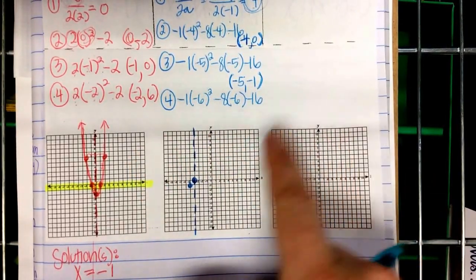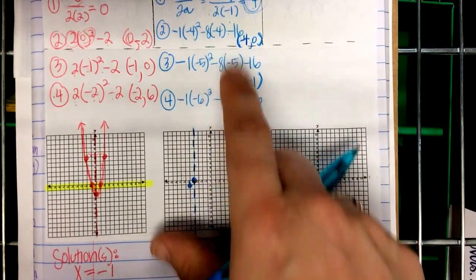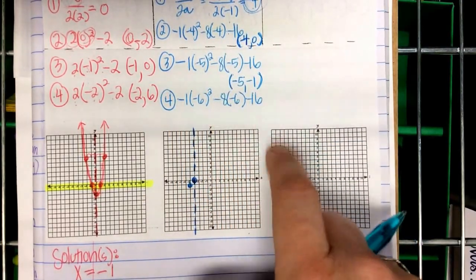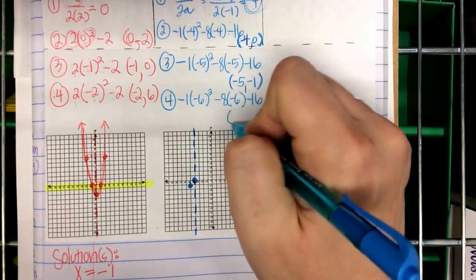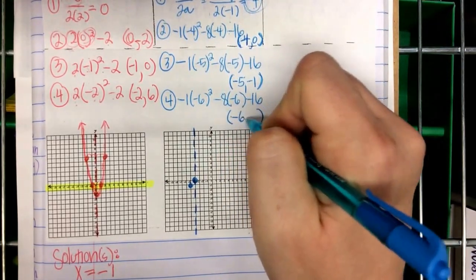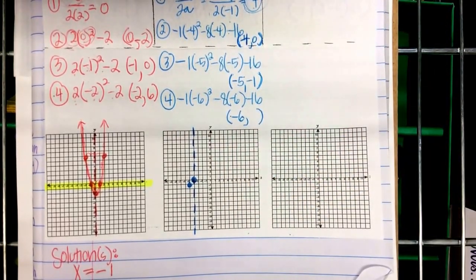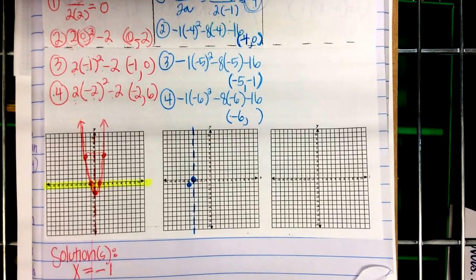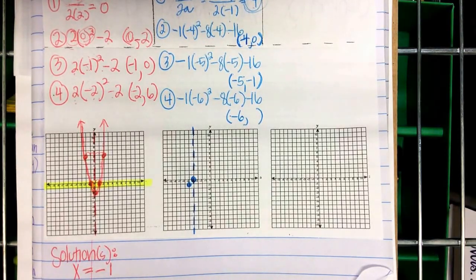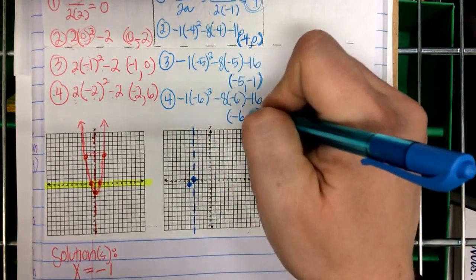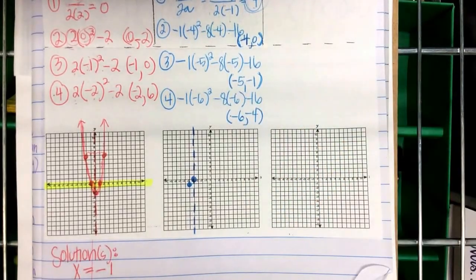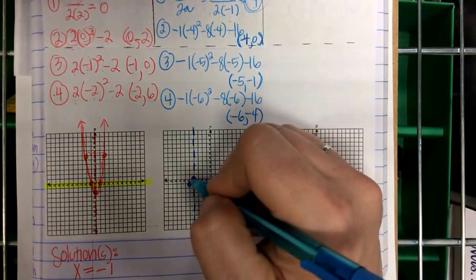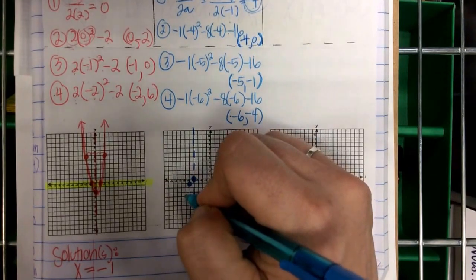Type it in your calculator. Negative 1 times negative 6 squared minus 8 times negative 6 minus 16. Negative 6 comma what? Negative 4, do you guys agree? So negative 6, negative 4.